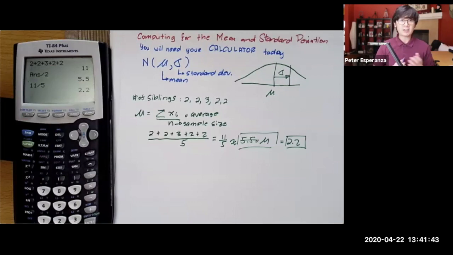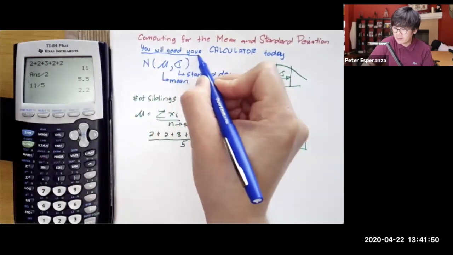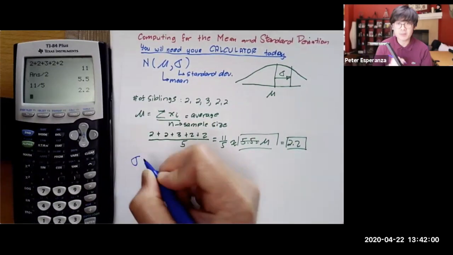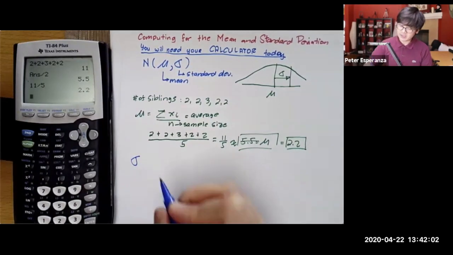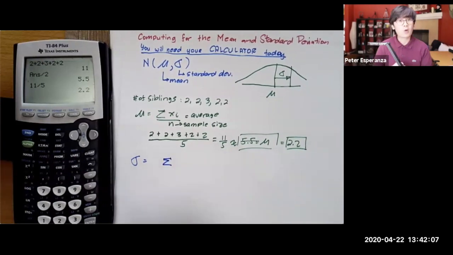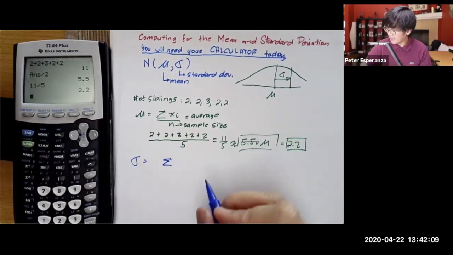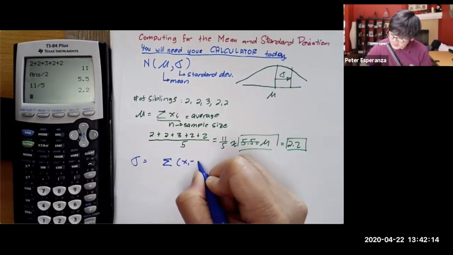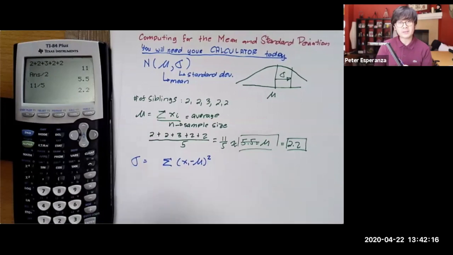So use your calculator if you don't want to make this too complicated, because for today, we're going to learn how to use technology in calculating a mathematical procedure. So standard deviation is given by this symbol, and the formula is the summation of x sub i minus the mean, squared.